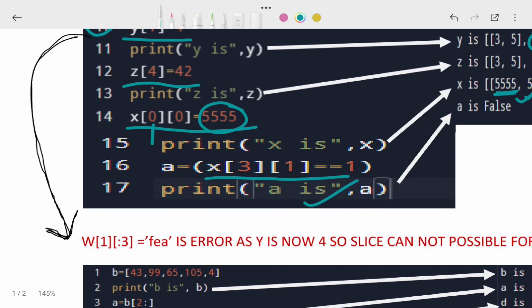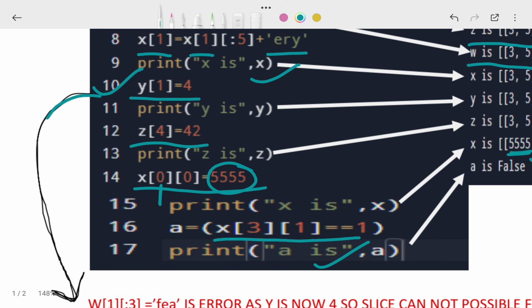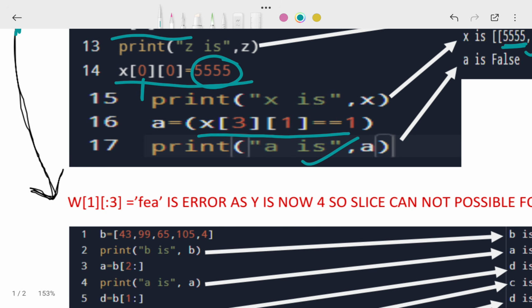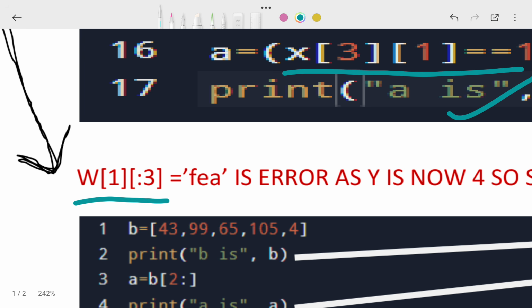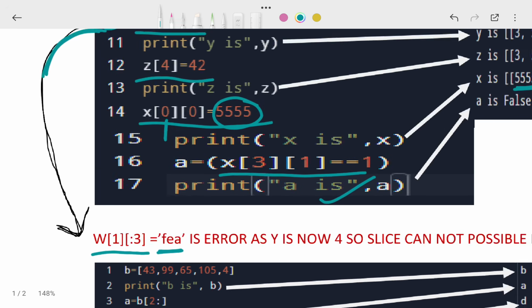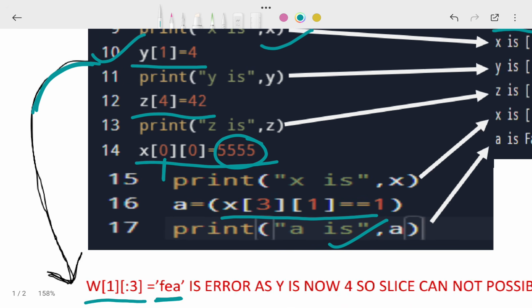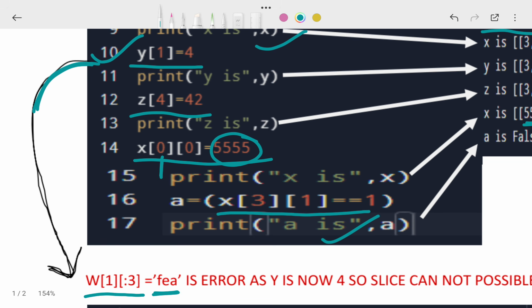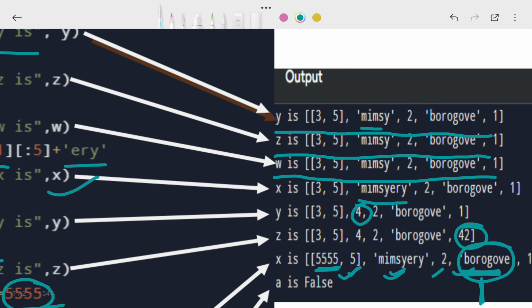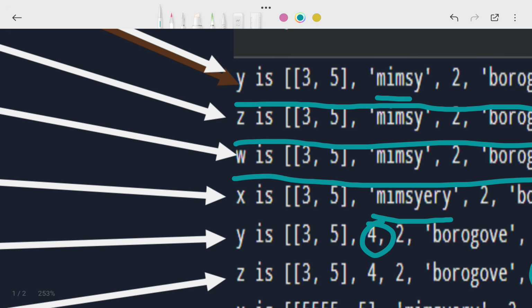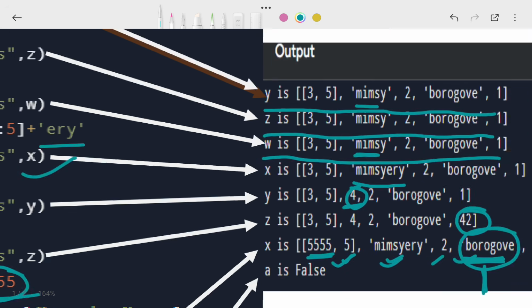After this value y, he has written w[1][0:3]. You have to add the value "fea". But if you see, w is already referencing x. And what is w[1]? You can see my w[1] is mimsy, and at this value we have already written 4.